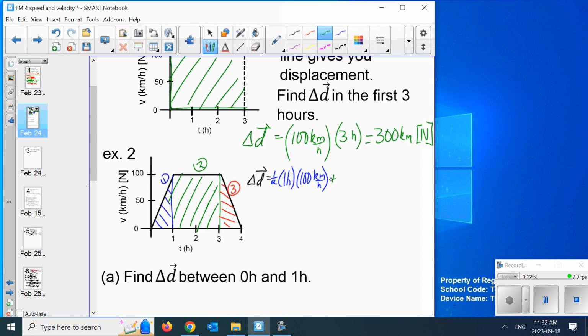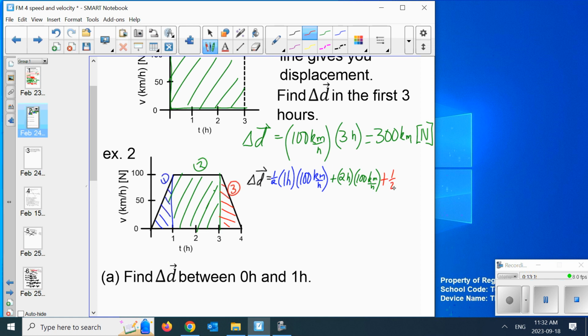Plus the second zone, which is easy, it's a rectangle. Base times height: between 1 and 3 hours, so that's 3 minus 1, 2 hours. Height is 100. We're keeping in mind everything is north. We'll add that in. Then once again a triangle.